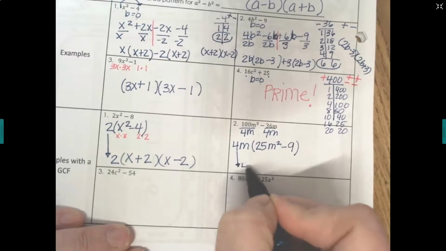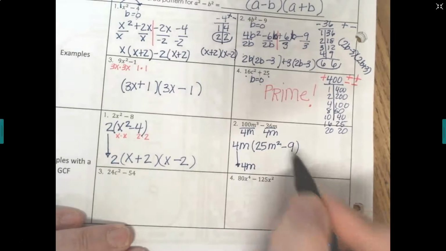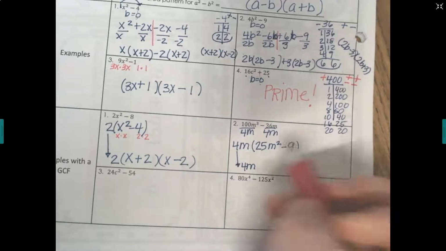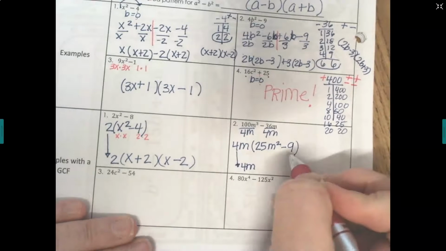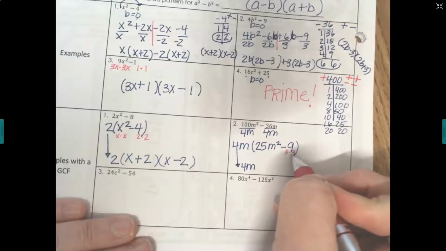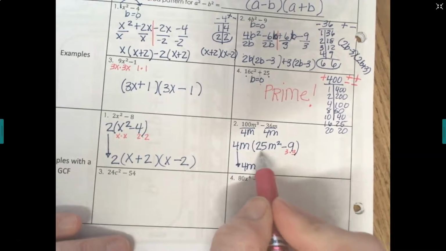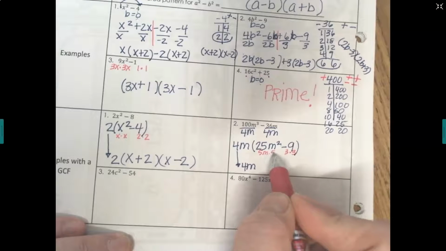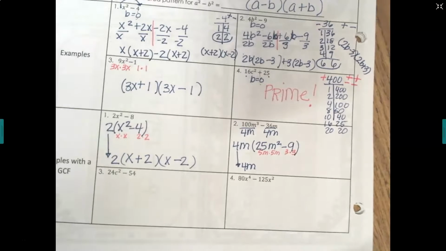So first I've got to see if I can go on any further. I've got subtraction between them, so I know I'm okay there. So I have to determine, are these actually both squares? Well, we know 9 is. That's 3 times 3. 25 is 5 times 5, but there's an m squared, so really this is 5m times 5m.